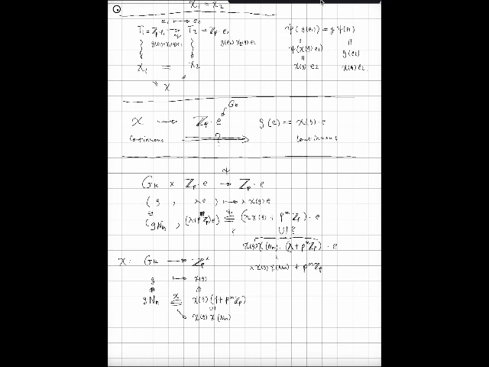And so lambda chi G chi m is contained in chi G plus p to the power m z p. Which means this is contained there.